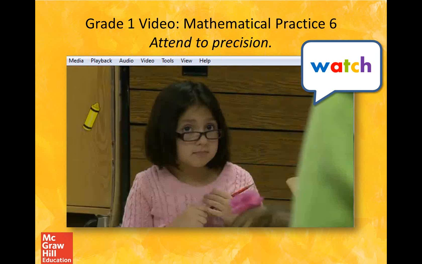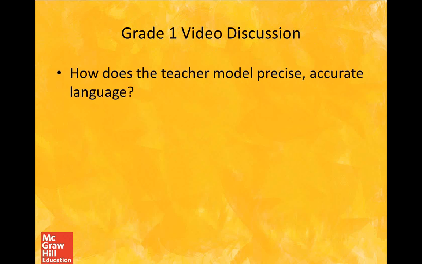The teacher, through prompting and questioning, made Zola go back to make sure that she was precise in articulating where the 10 came from, what was being added to the 4 in order to get to the 10. And that's a good strategy as we're working on this standard, to help students recognize it's not okay to take the shortcut if we're not going to be precise in both how we describe and in the language we use.